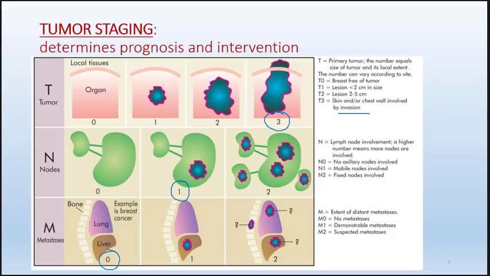Stage 3, we're looking at anywhere here for size, but now what's important is that we're into N2, where you're getting multiple lymph nodes, distant lymph nodes involved, but still no metastasis. So other organs are not affected.